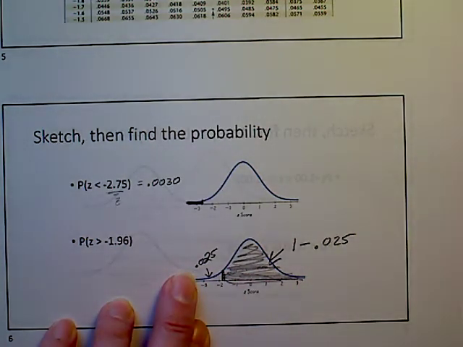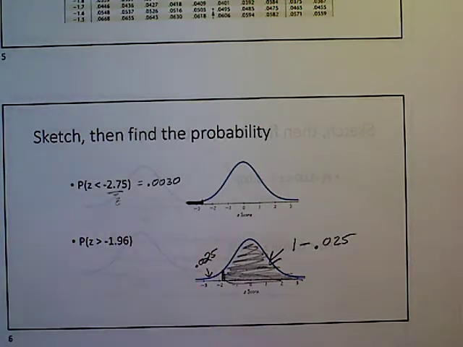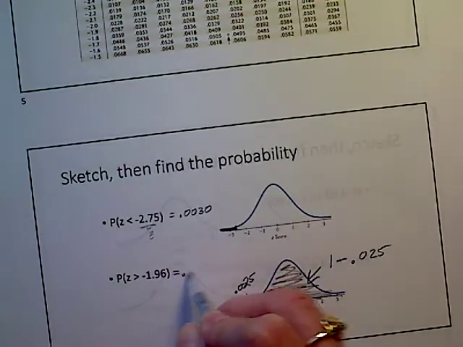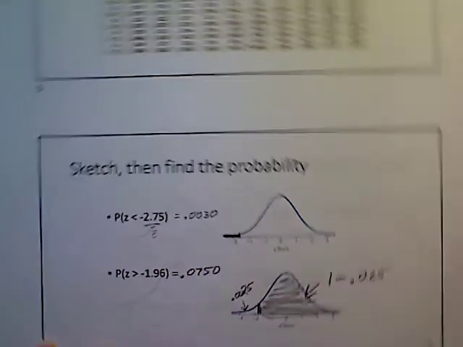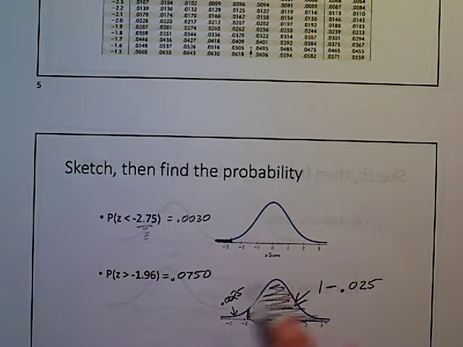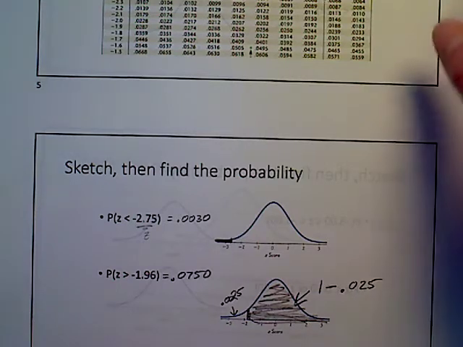It's the complement. Oh, how cool is that, right? Okay, so we're going to take 1 minus 0.025, and that is 0.975. Nifty. So we looked up the area to the left, and we took 1 minus that to get the area to the right, because we're finding the complement.